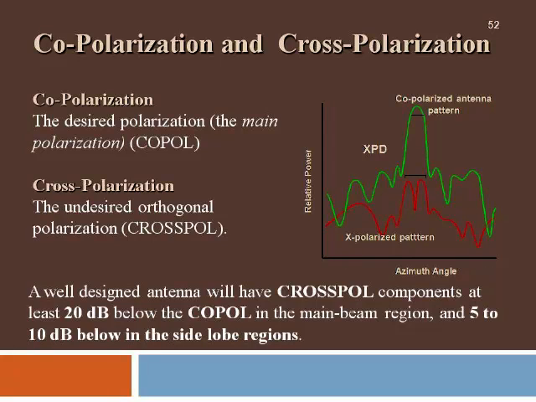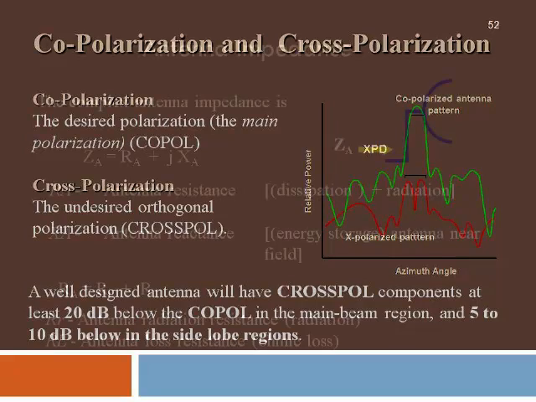The undesired orthogonal polarization is known as the cross-polarization or simply cross-pole. So a well-designed antenna will have cross-pole components at least 20 dB below the copole in the main lobe region and 5 to 10 dB below in the side lobe regions.